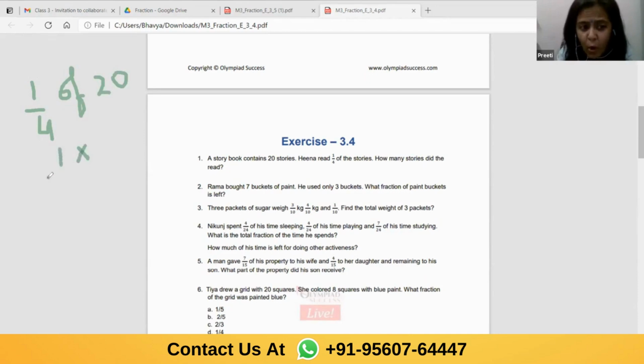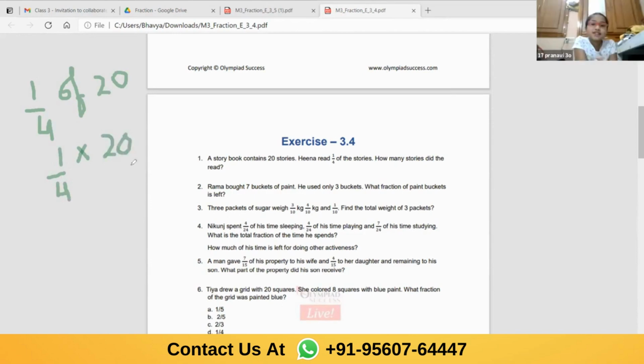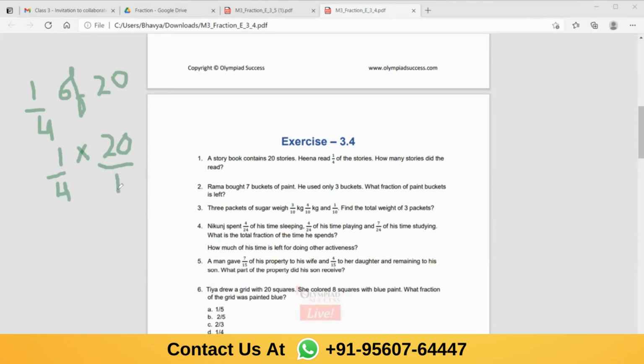So 1/4 multiplied by 20. Where is my 20 written, Zaira? Is it in the numerator or denominator? Numerator. So if there is nothing in the denominator, then I can put 1. It won't make any difference.